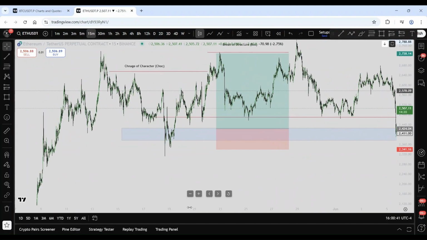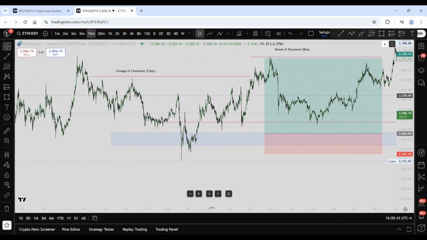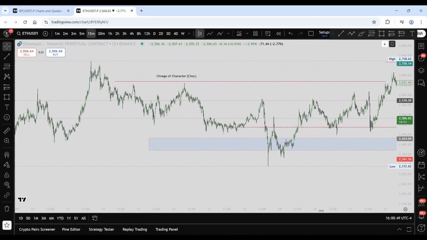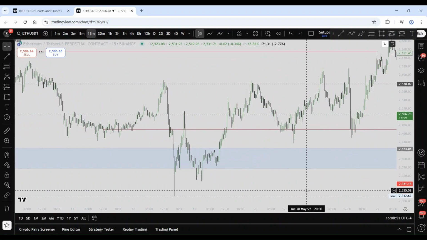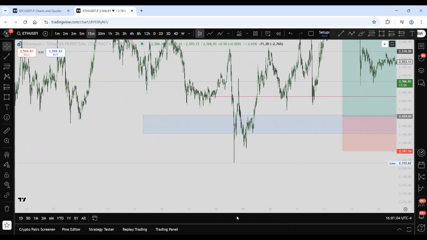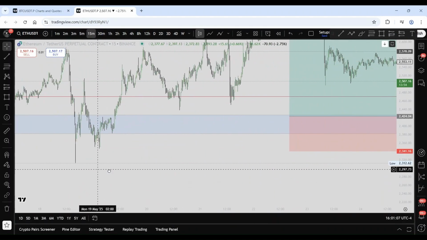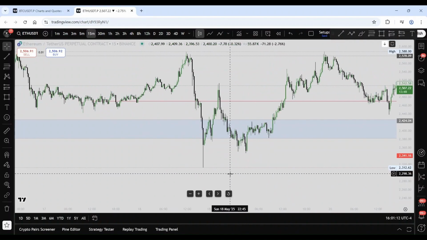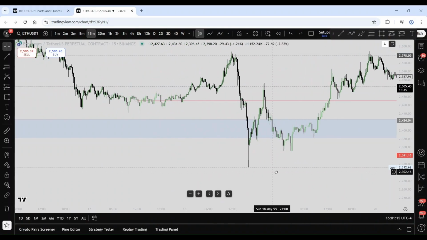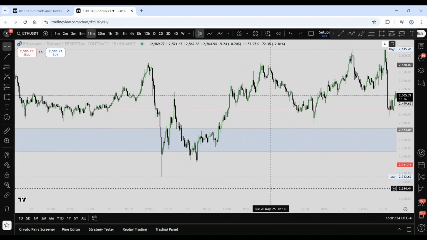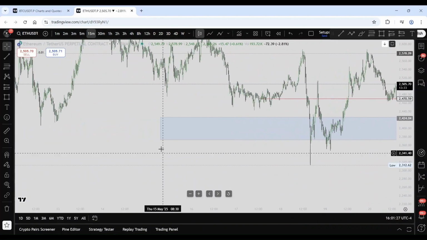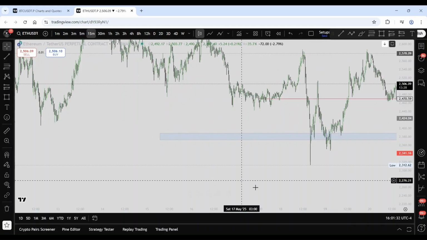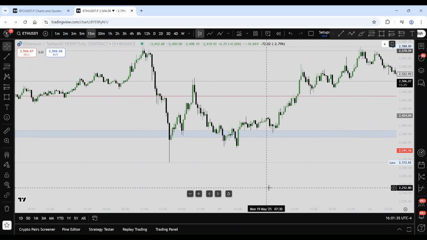Now that way we can actually say that the price retraced, and we've got a bullish and a bearish candle. So in this way we've pretty much narrowed down our stop loss and our entry.